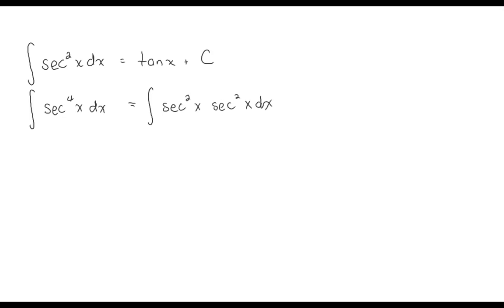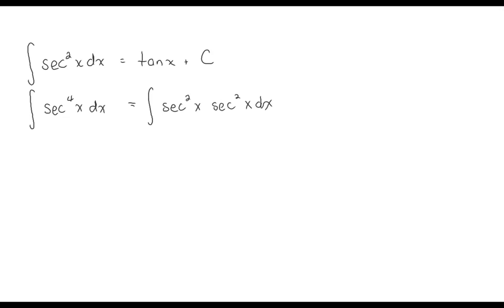Everything you ever learned about identities in trigonometry you learned for this class. Maybe not everything, but a lot of it. So if you don't remember those things, it's okay because you can look them up, but you're going to want to remember them more and more as you practice so that you don't have to look them up every time.